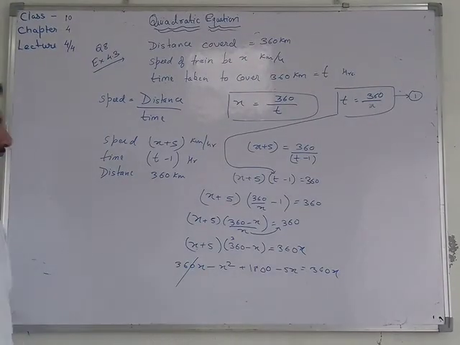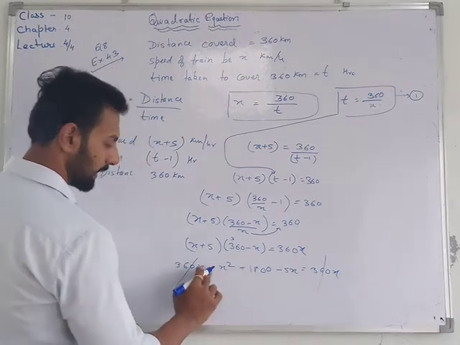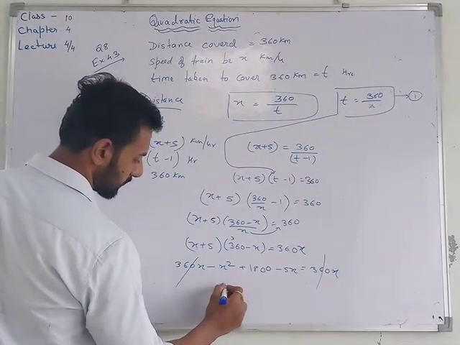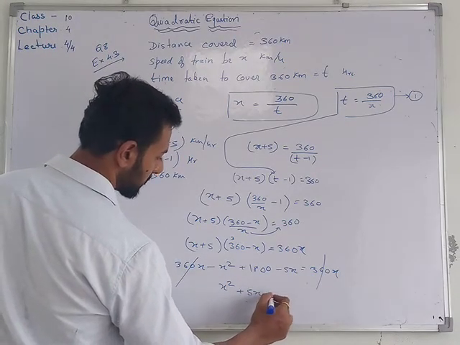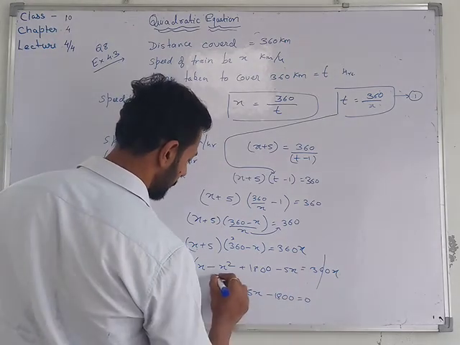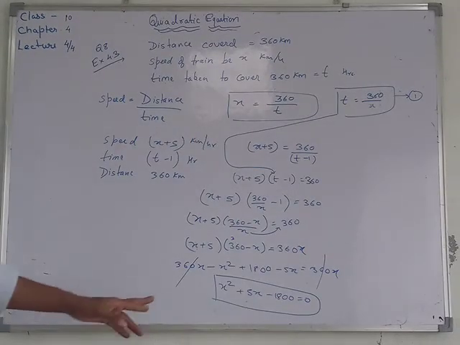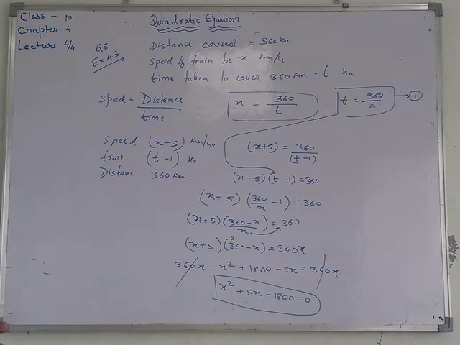Cancel out 360x, take the negative sign common and multiply, so this will be positive: x square plus 5x minus 1800 is equal to 0. So this is the required quadratic equation.